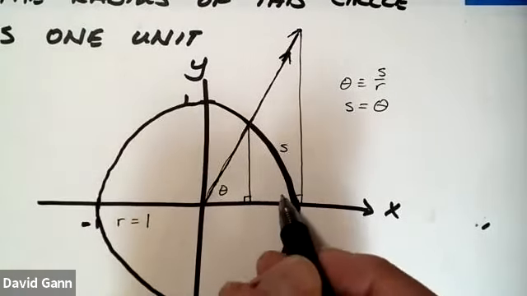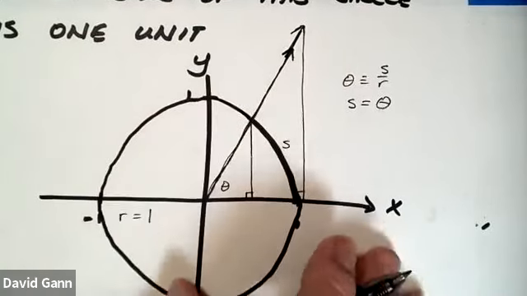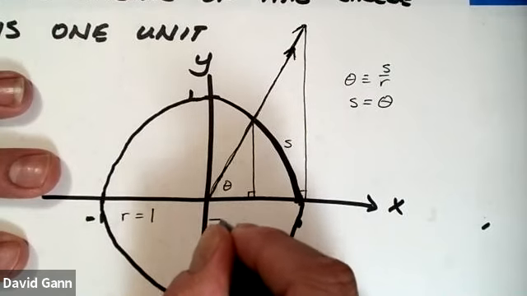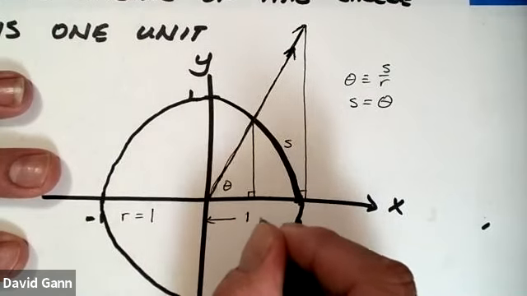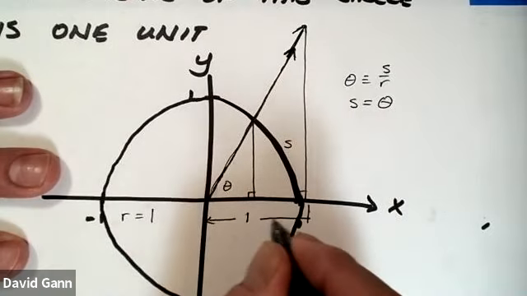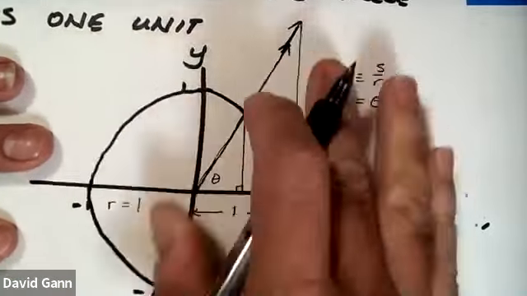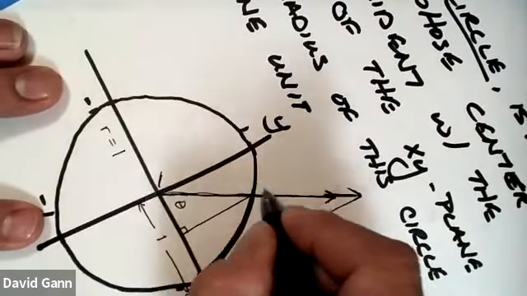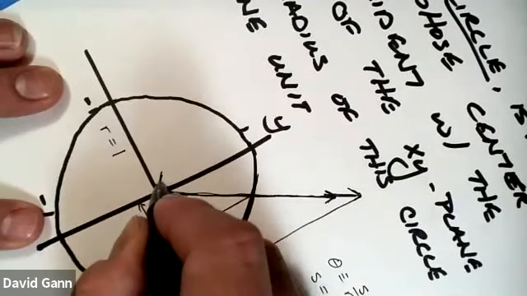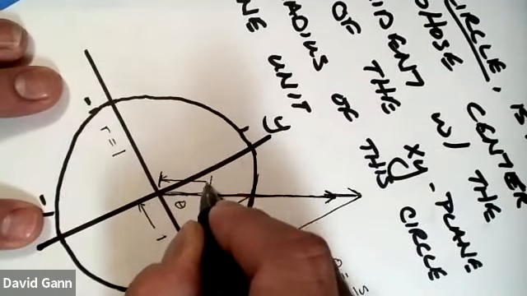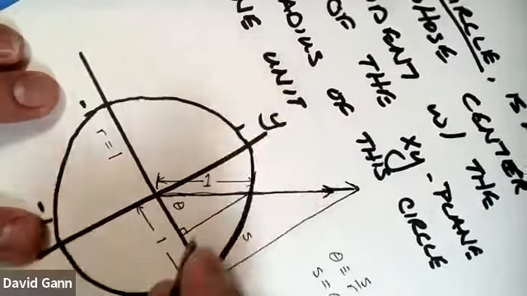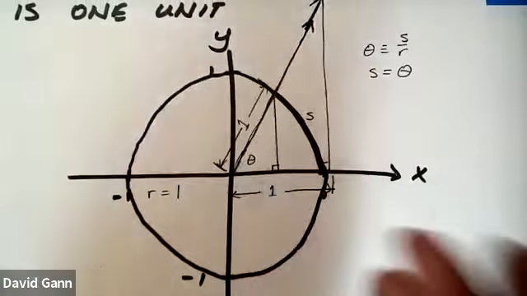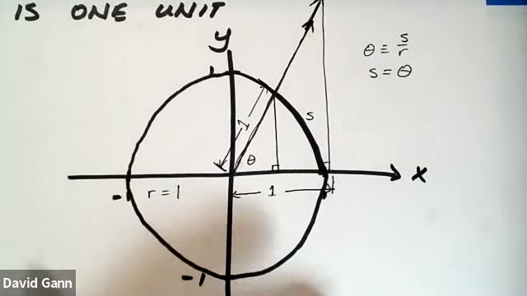So here's something to consider. Note that this length, because it's a radius, is 1. Similarly, I'm going to rotate the page a little bit, this distance is also 1, just because those are both radii.